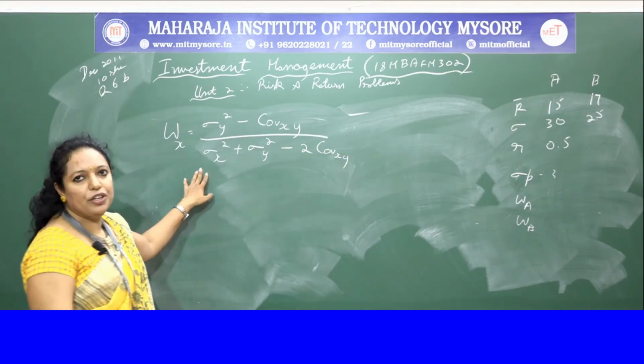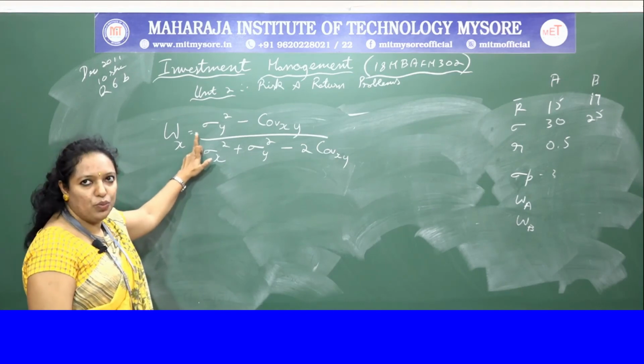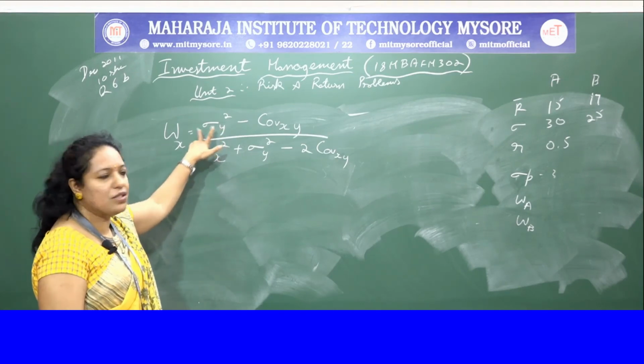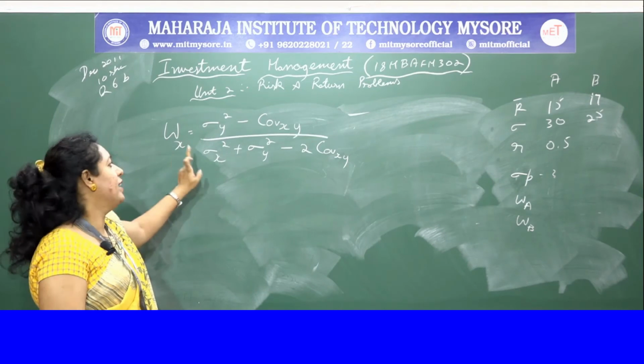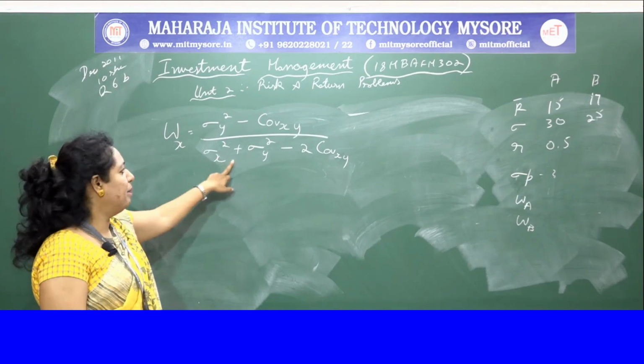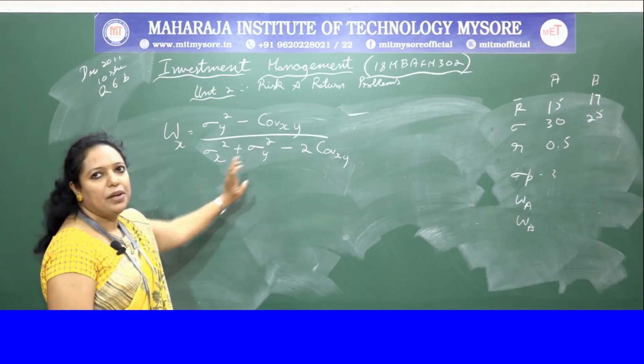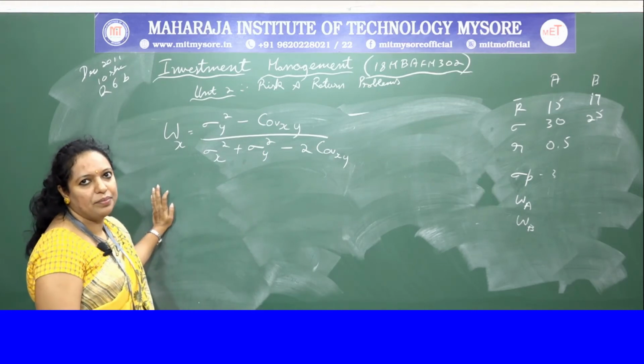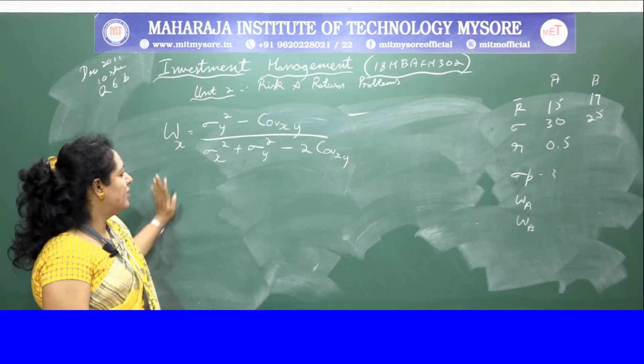I'll read out the formula once: standard deviation Y square minus covariance of XY, whole divided by standard deviation X square plus standard deviation Y square minus 2 covariance XY. So this is the formula.